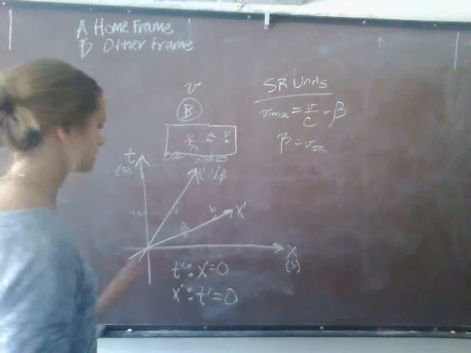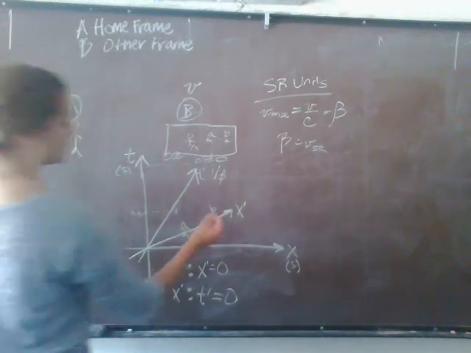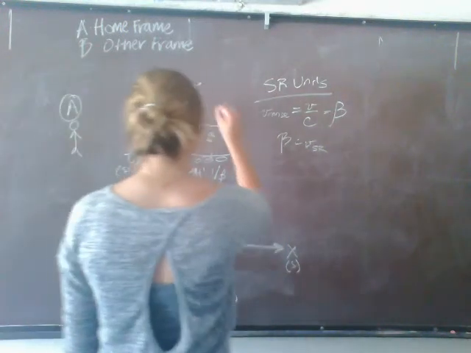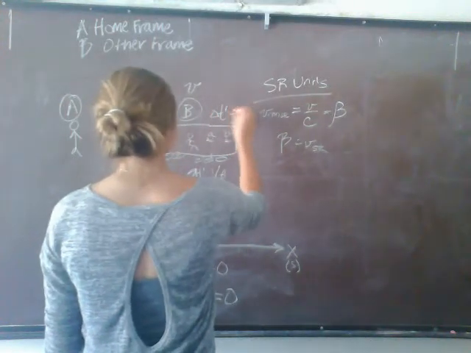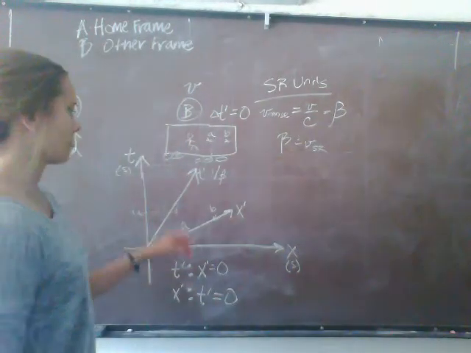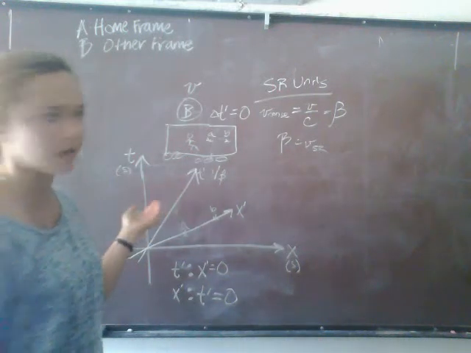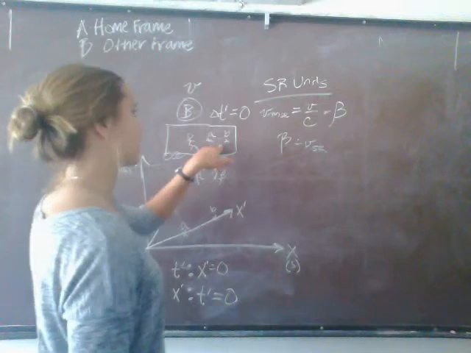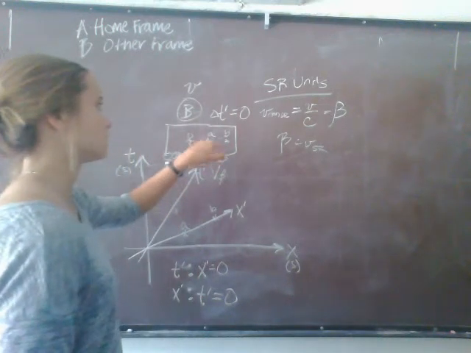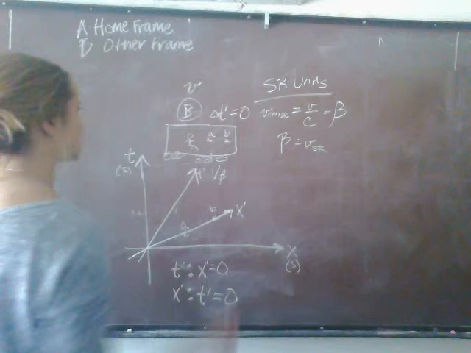So along this axis, delta t prime in this case equals 0. A and B happen at the same time. The difference in time between A and B is 0.